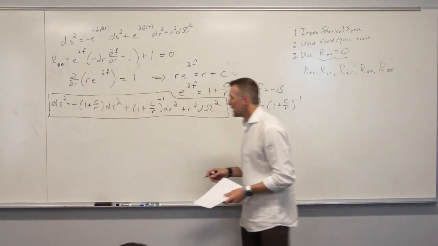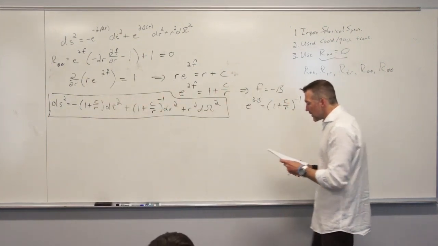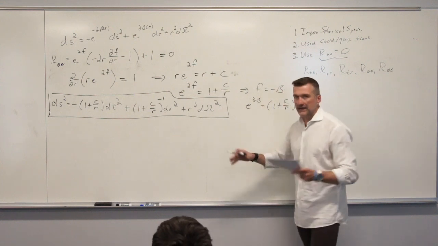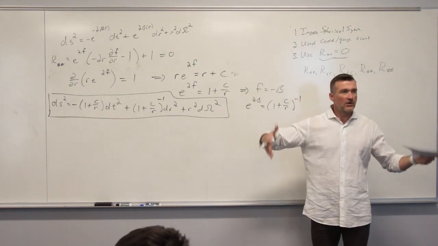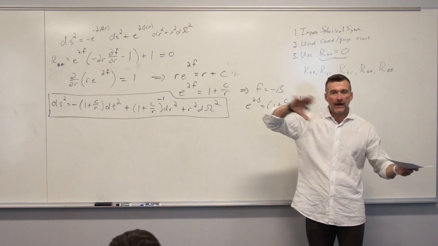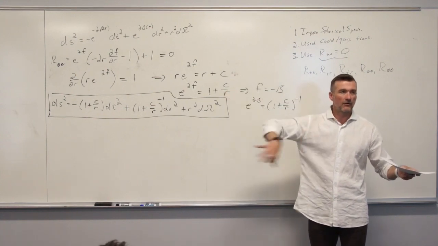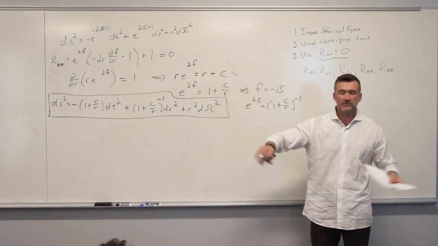In that process, we made an identification in order to get everything to give us Newtonian gravity, both in terms of how you create gravitational fields and how gravitational fields influence the motion of objects.